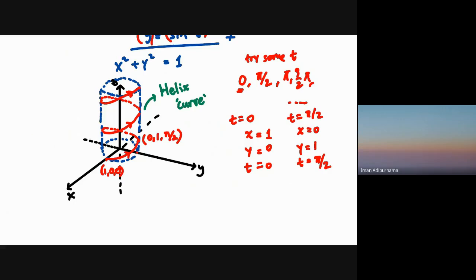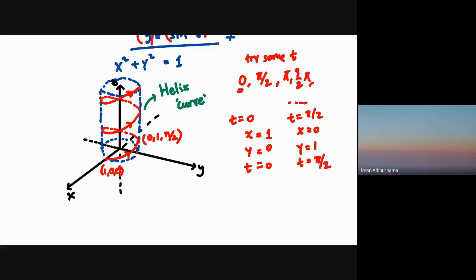And the helix, or the spiral curve, we may see if you imagine this like a spring. Or if you have another helix, it will be like a DNA structure, right?